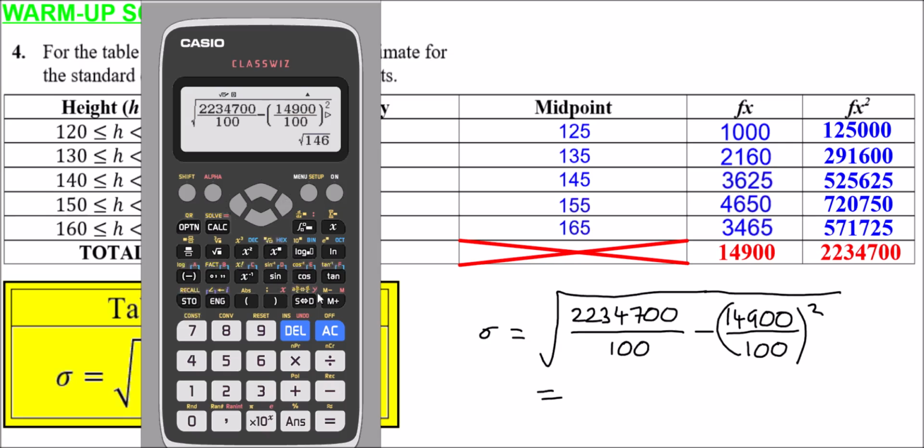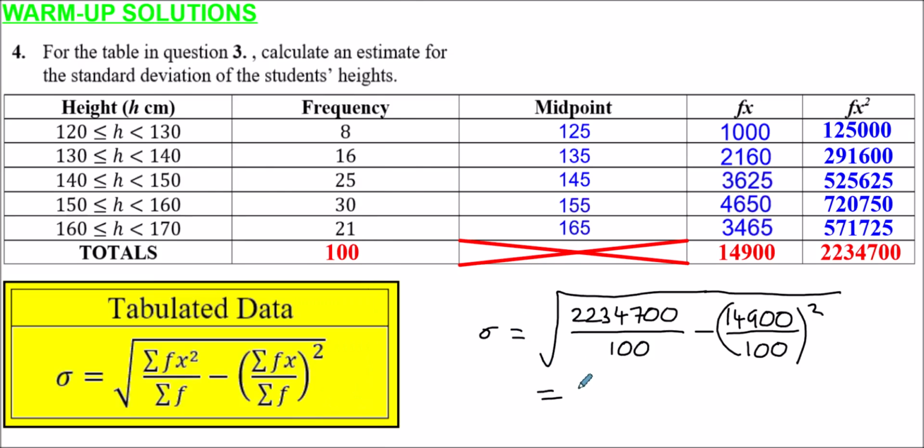Press equals. We see here we get to 3 significant figures, 12.1. So an estimate of our standard deviation is 12.1 centimetres, and that's correct and fine to 3 significant figures.